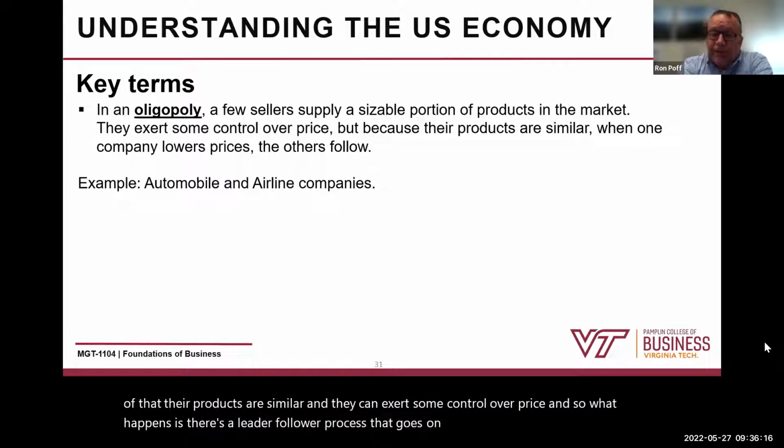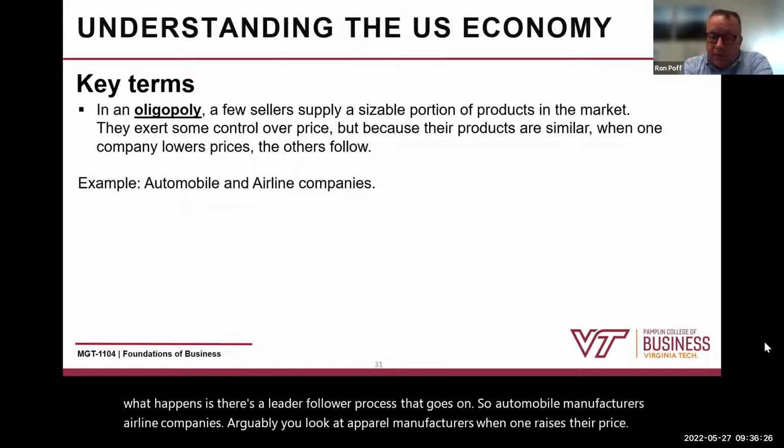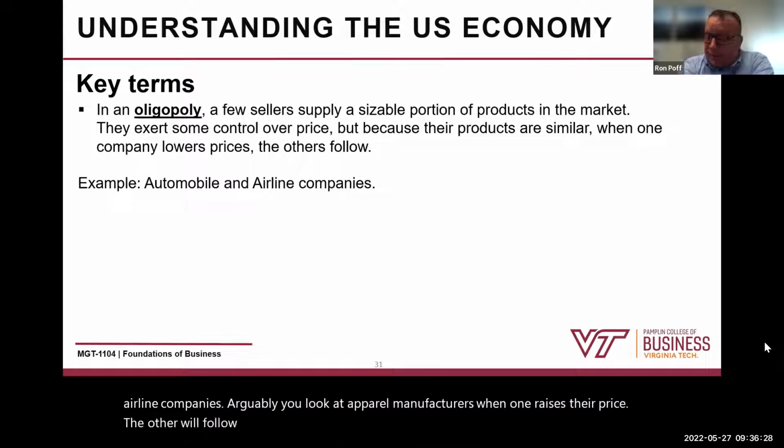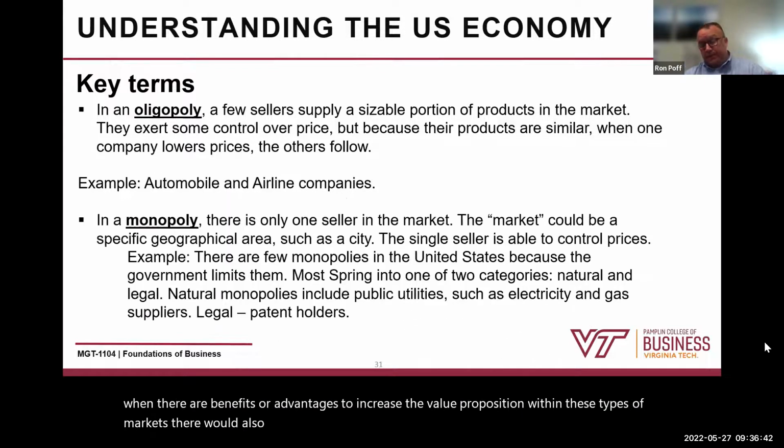Automobile manufacturers, airline companies, arguably apparel manufacturers: when one raises their price, the other will follow, and the same on the flip side of lowering prices. And many times, when there are advantages to increase the value proposition within these types of markets, there would also be others to follow.